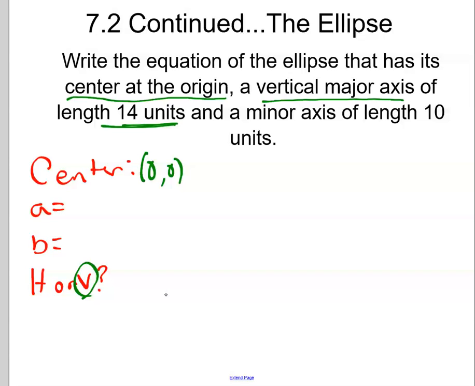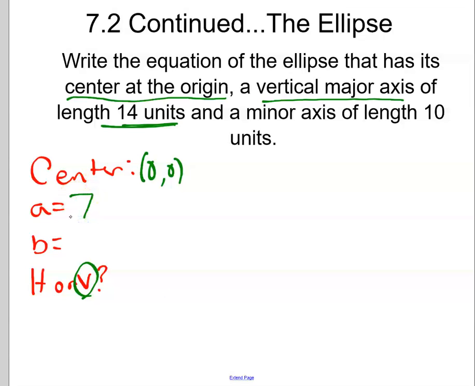The other thing to remember is that if it was horizontal, we went A to the left and to the right. In this case, it's vertical, so that means we're going to go A units up and A units down. So for the whole major axis to have a length of 14 units, we would have had to go up 7 and down 7. So our A is going to be 7.